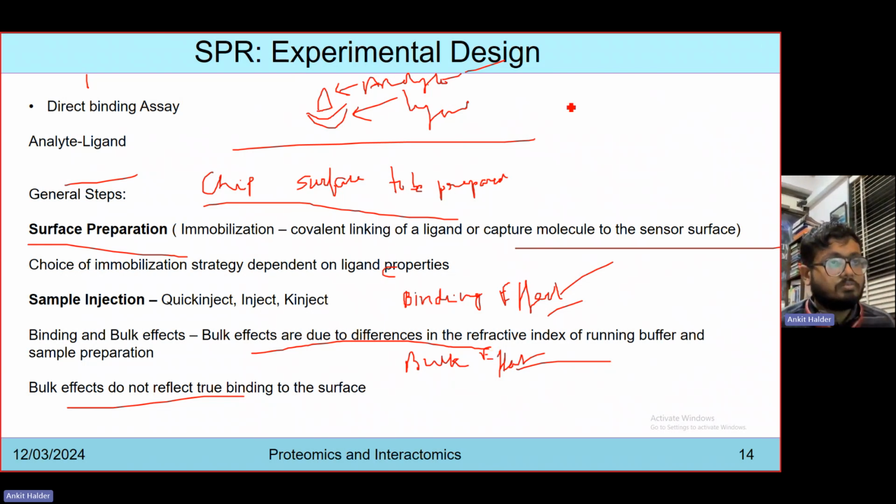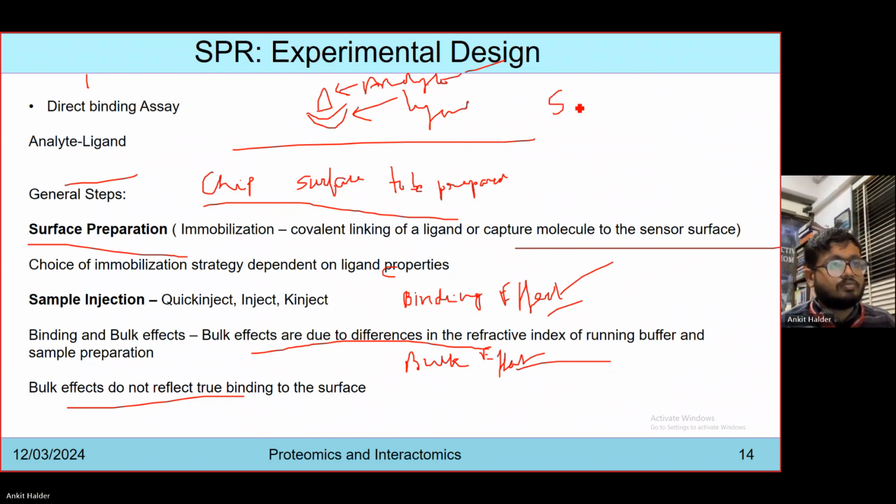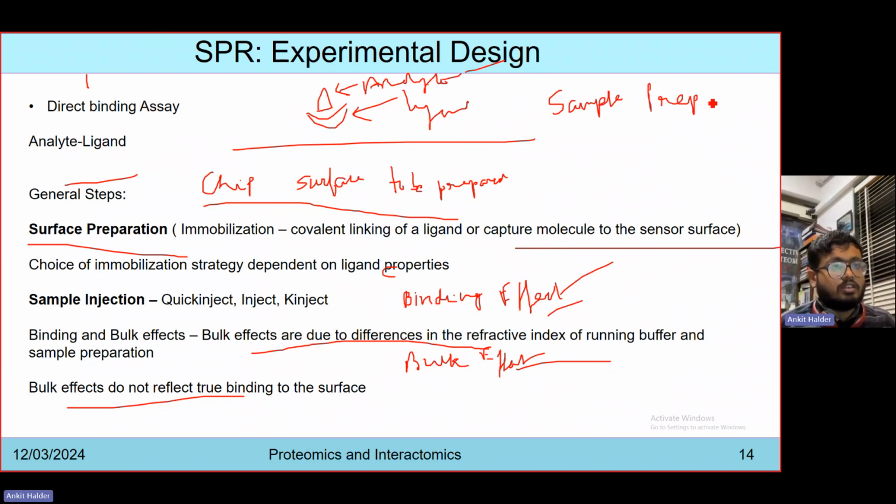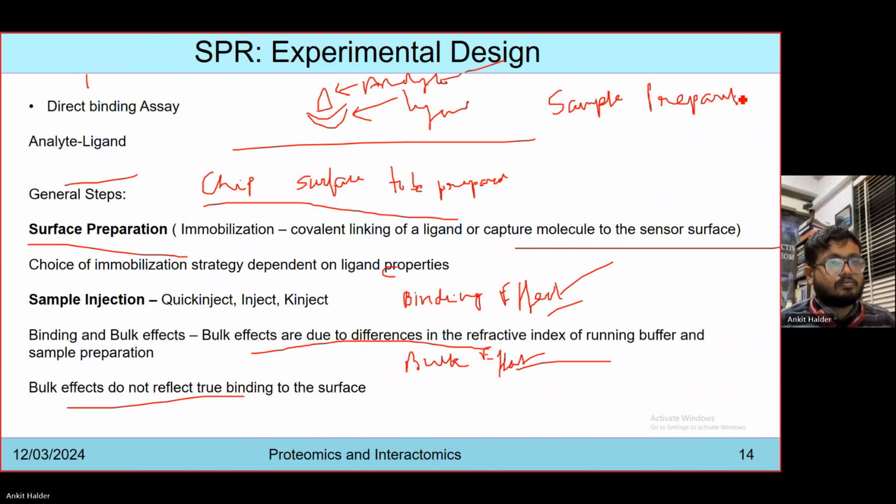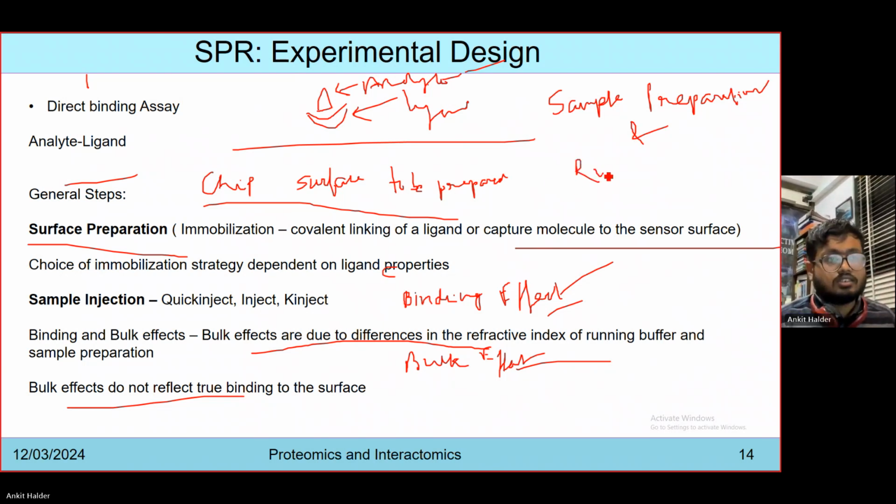So when you are preparing the samples, this gives us another hint about sample preparation and the running buffer.